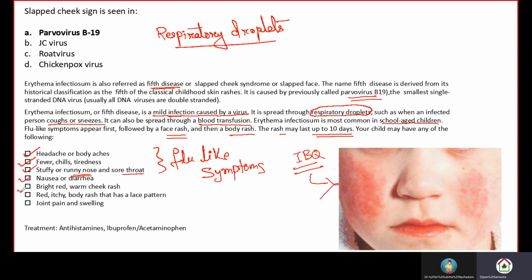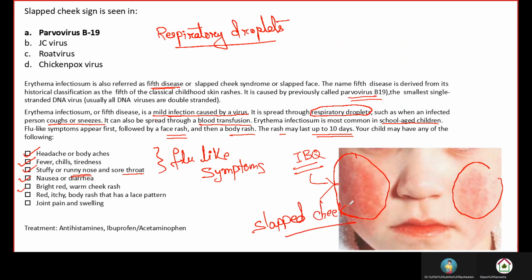Nausea and diarrhea, bright red, warm cheek rash. This typical rash looks like someone has slapped his face, that's why slapped cheek syndrome. Red itchy body rash with lacy pattern, and joint pain and swelling also occur.